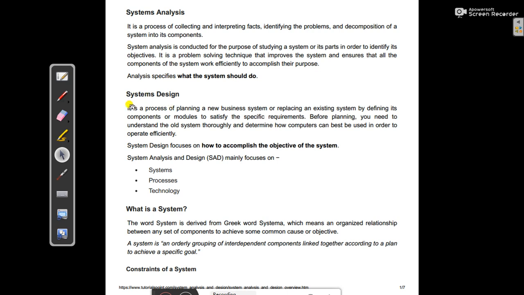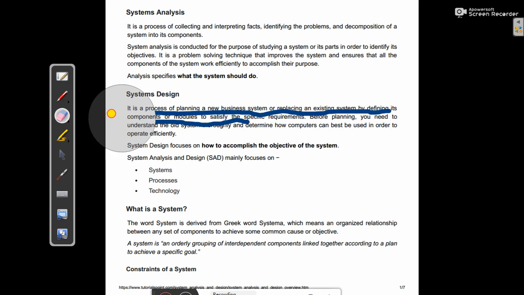It is a process of planning a new business system or replacing an existing system by defining its components or modules to satisfy the specific requirements.